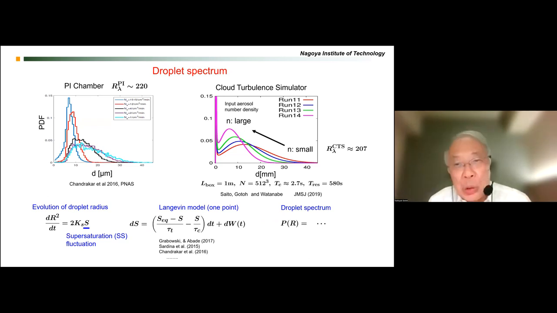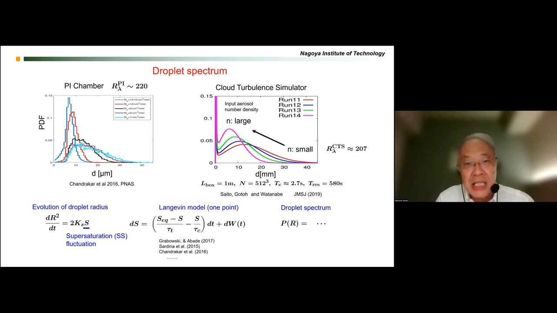You are right. If we do this kind of simulation, the initial distribution of the PDF of the droplets may have some effect, but for supersaturation, I think the key quantity to control this change of the PDF is, roughly speaking, the time scales of supersaturation, and also the number of the droplets.